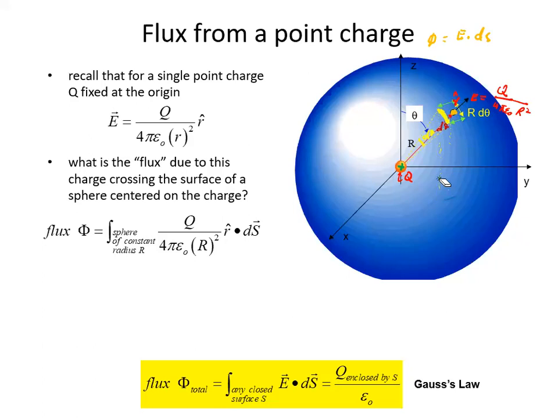We have the green arc, we have the yellow arc. The yellow arc is made by d theta, and the green arc is made by d phi.